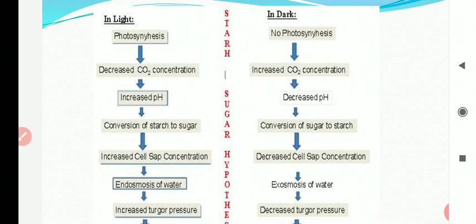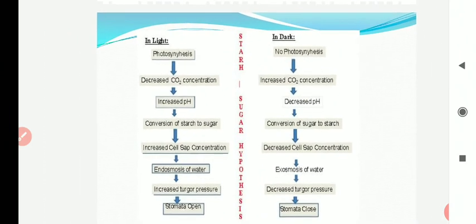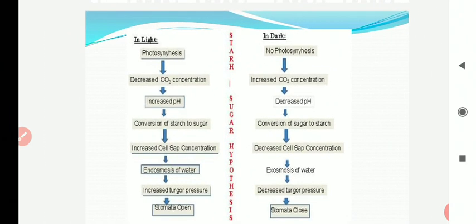When sugar is present in guard cells, stomata are open, but at night time, CO2 is released in the guard cells during respiration, and CO2 is not used for photosynthesis during night time. So, due to release of CO2 in guard cells, the pH of guard cells becomes acidic, that is up to 5, and the acidity of guard cells favors conversion of sugar into starch at night time.